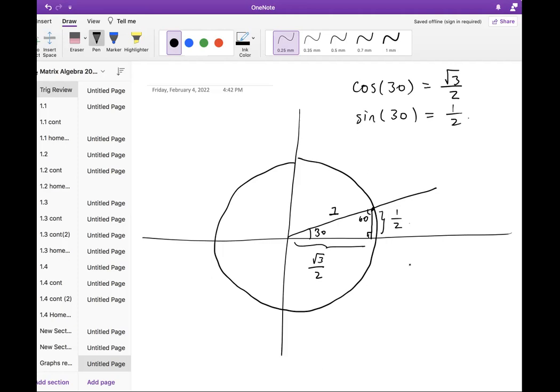So cosine of pi/6 must be radical 3 over 2, and sine of pi/6 is equal to 1/2. All right. Is it making a bit more sense? Okay, great. Let's do another nice angle.